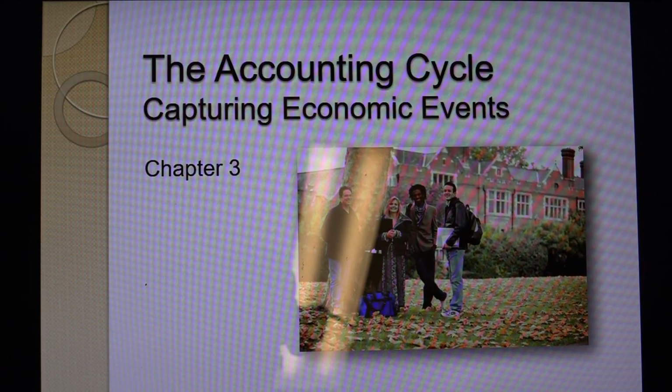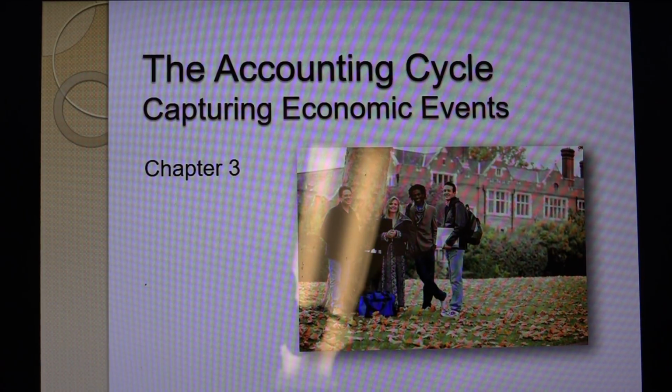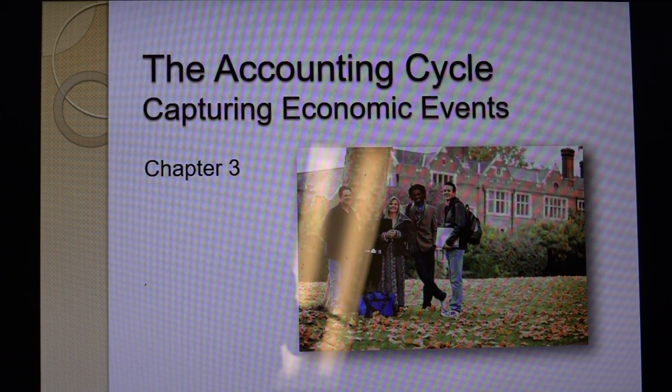And when they talk about the accounting cycle, essentially what they're talking about is going from analyzing transactions during a period of time, let's say 1 year, going from analyzing those transactions to recording them in the proper accounts, and then at some point, either monthly, quarterly, half year, definitely yearly, preparing our financial statements of those economic events for that period of time.